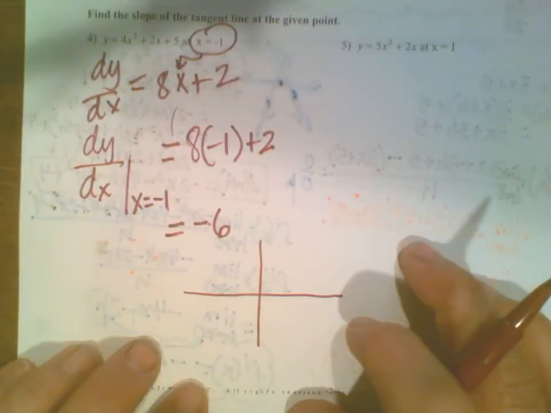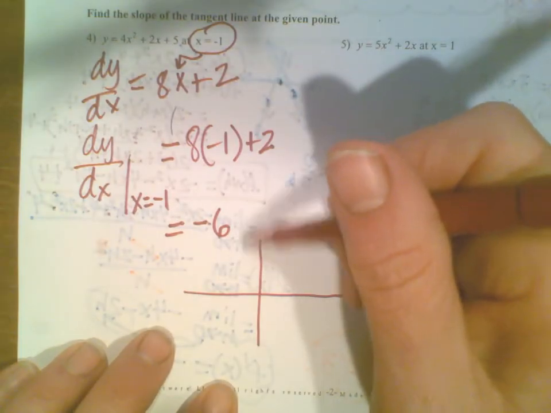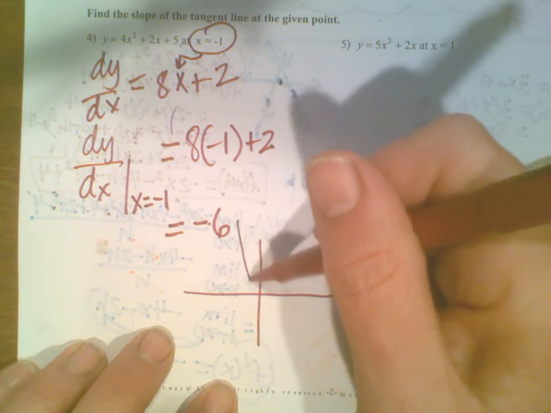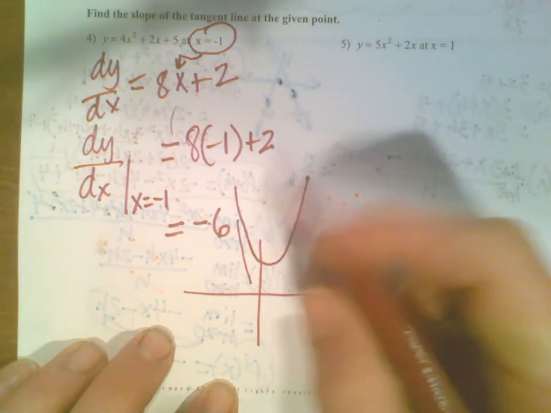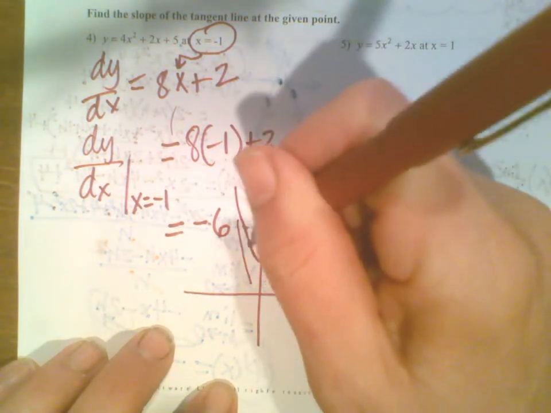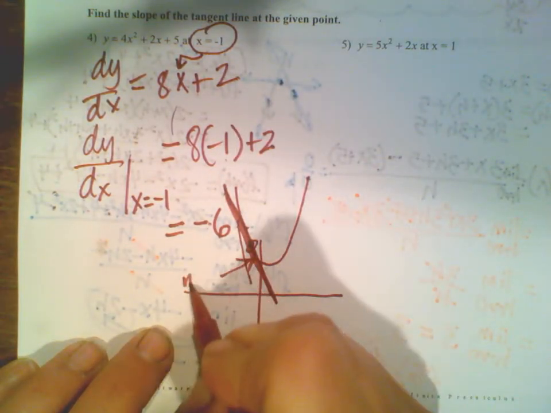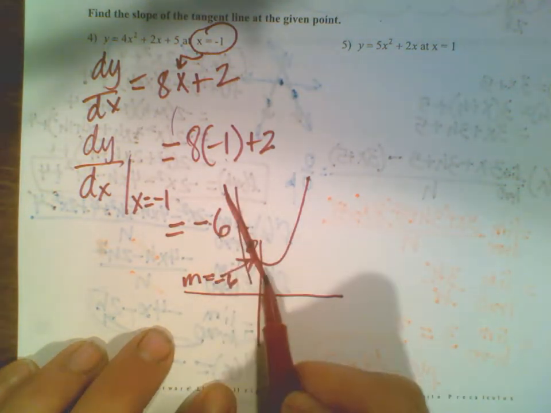So if I were to graph this function, it is a parabola. If I were to graph this parabola at x equals -1, I should have a slope that is -6. It should appear to be -6.